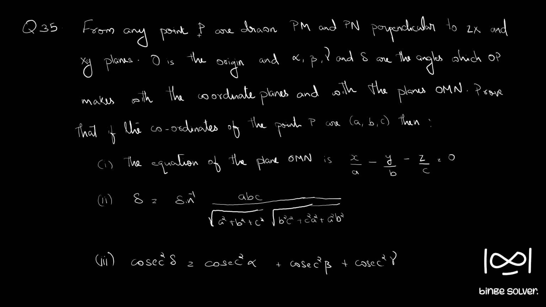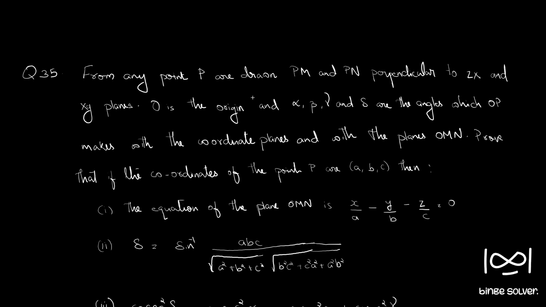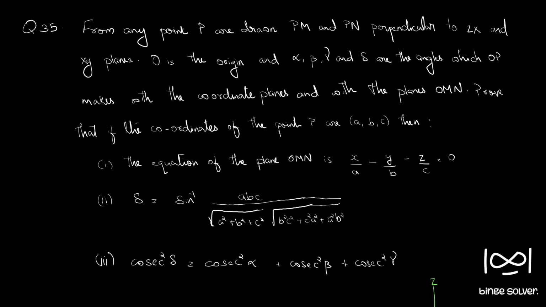The coordinate of point P is (a, b, c), and PM and PN are perpendicular to the ZX and XY planes. Let's start with that info. We have the X, Y, Z axes. It is given that PM and PN are perpendicular to the ZX and XY planes.